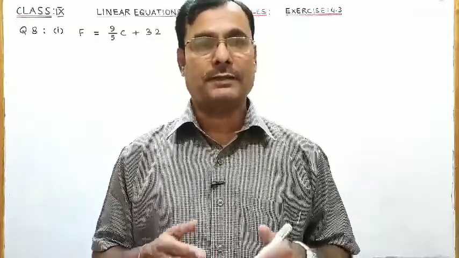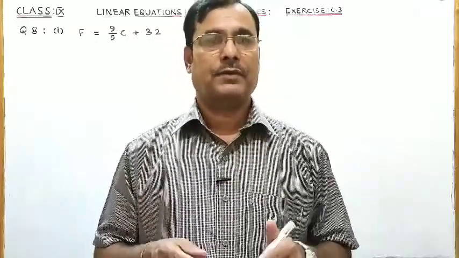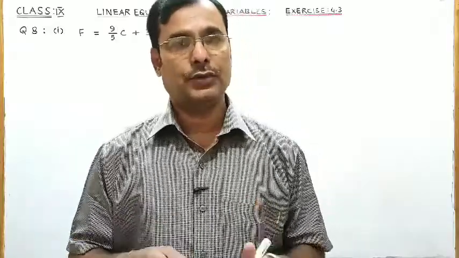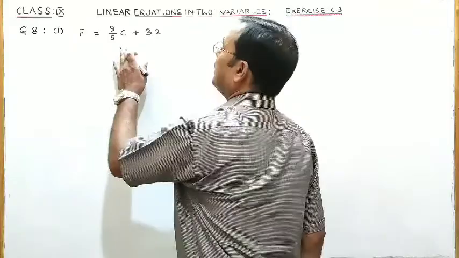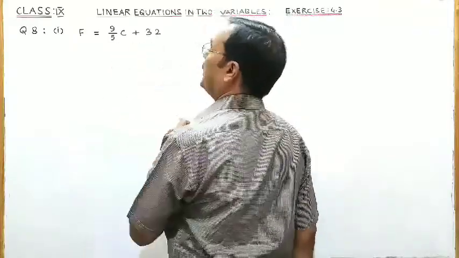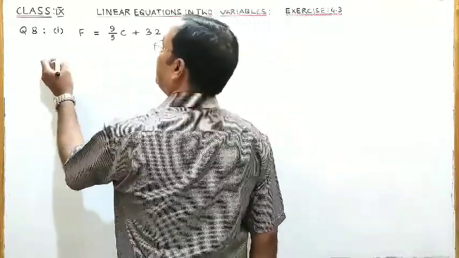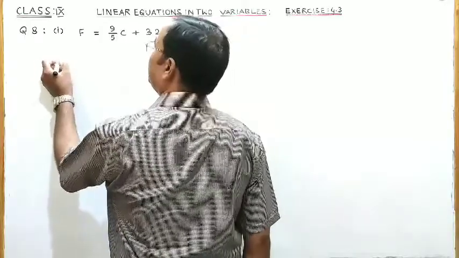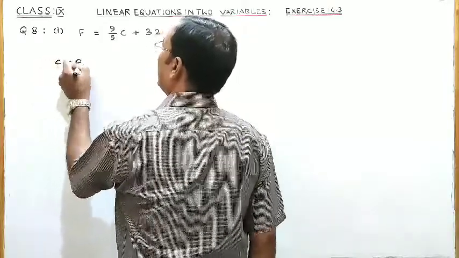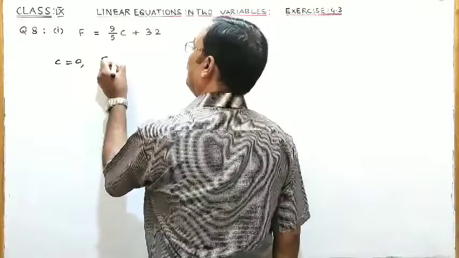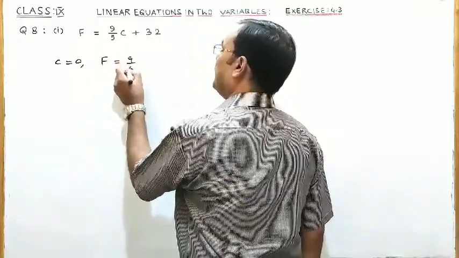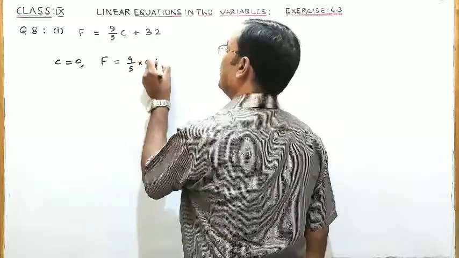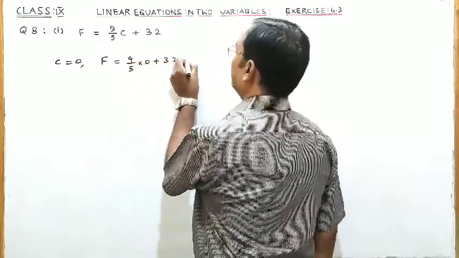So to draw a graph of this linear equation, we need some solutions of this linear equation F equal to 9 by 5 C plus 32. If you take C equal to 0, then the value of F will be 9 by 5 into 0 plus 32.